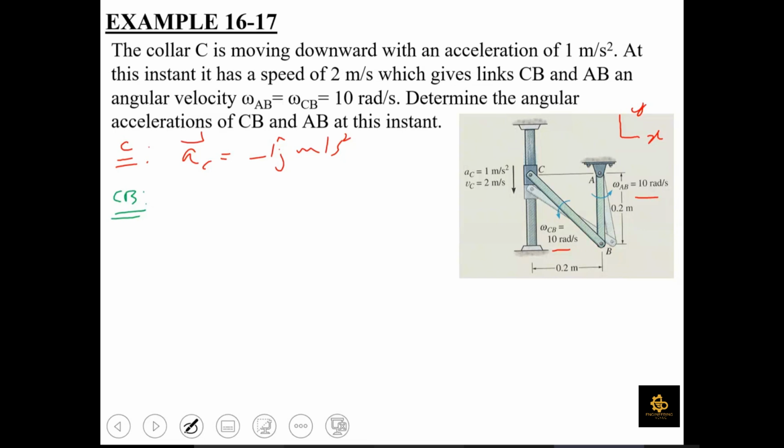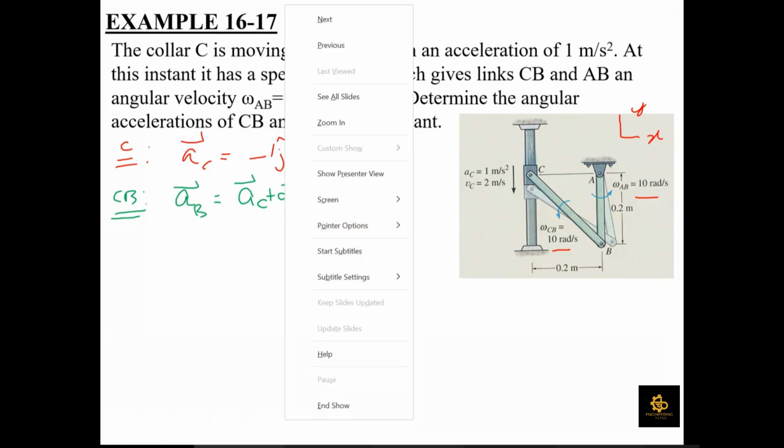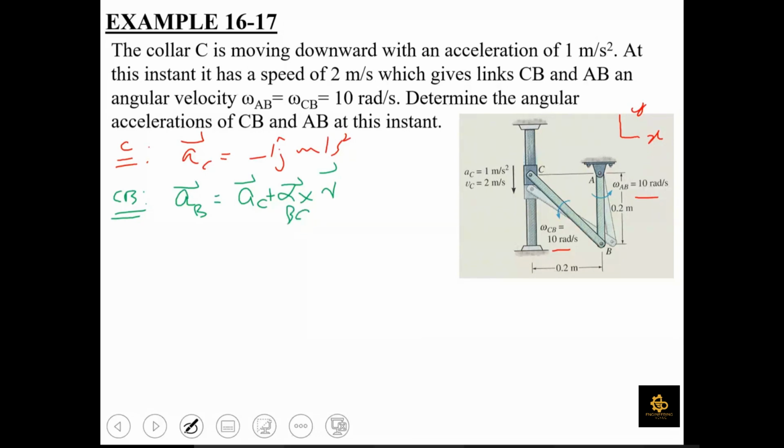C. So the equation would become absolute acceleration of B equal to absolute acceleration of C plus alpha cross R, where alpha represents the angular acceleration of this link BC and R represents the relative position of B with respect to C, minus omega square R BC, and this omega is going to be the angular velocity of this link, which is CB. So ये हमारे पास equation बन जाएगी.